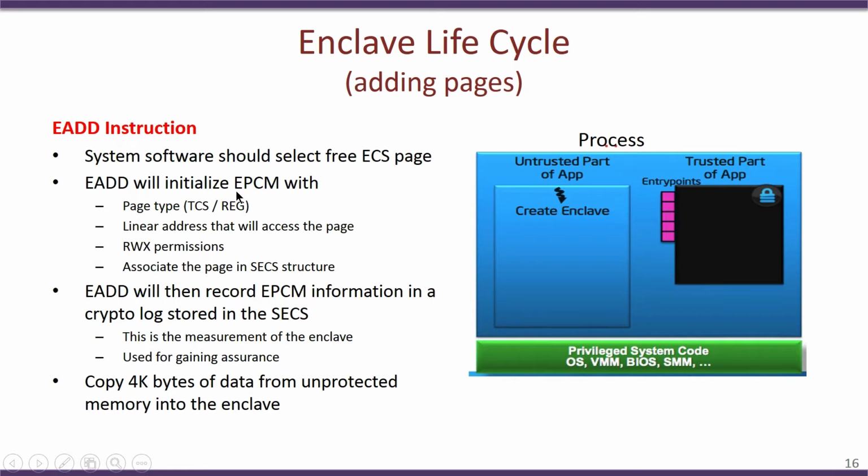As we have seen in the previous lecture, every EPC page has a corresponding EPCM entry, the EPC page map, which contains essentially the privileges and the access control for that particular EPC page. For example, it has the read, write, execute permissions, the linear addresses that will access that particular page, and also some information regarding the page type, such as whether it is TCS or REG and so on.